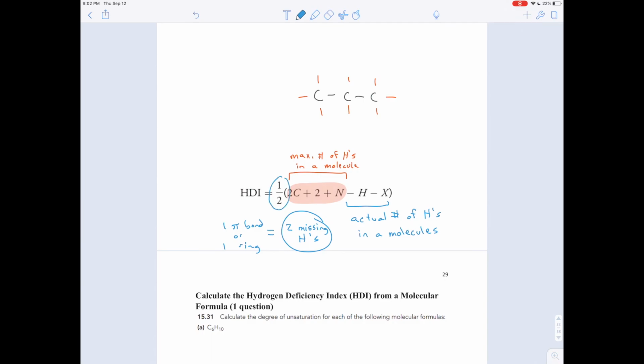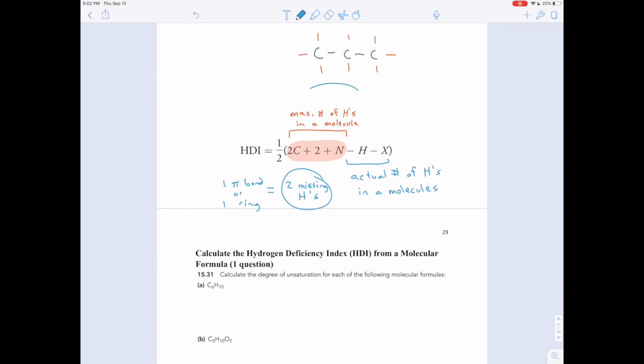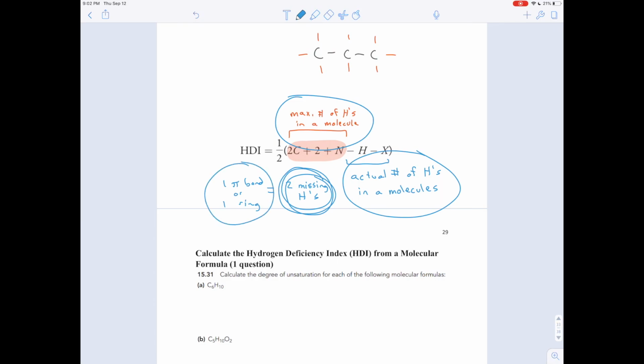And that's what this 1/2 is there for. It's to take the number of missing hydrogens and divide it by 2 so that you get the number of bonds or rings. So you see the maximum number of hydrogens you have, and the actual number of hydrogens you have. That lets you figure out how many you're missing, and then you just divide that by 2, and that gives you the number of pi bonds or rings in your molecule.